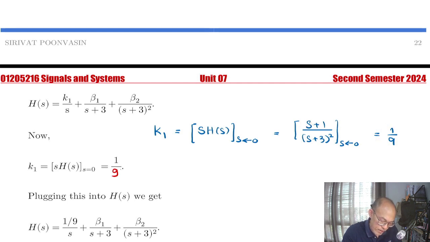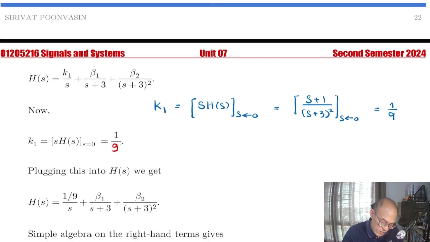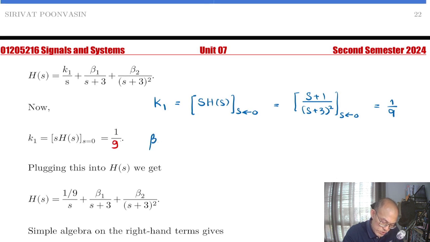So that is k1. Now, the next one that is easier to find will be beta 2. Beta 2 is (s plus 3) squared times H(s), and then plug in s as minus 3.